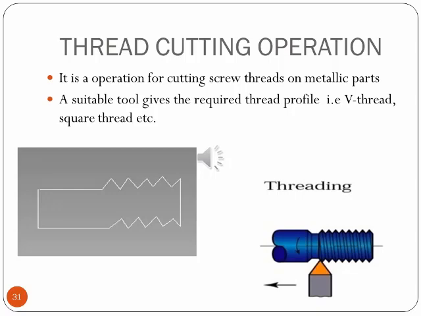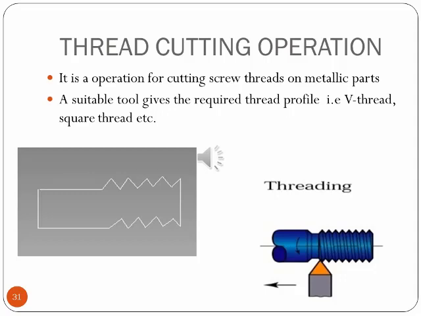So next important operation is the thread cutting operation. Thread cutting operation is for cutting screw threads on metallic parts. A suitable tool gives the required thread profile, that is V thread, square thread, etc. This also is done in lathe with the help of the feed rod and the lead screw.